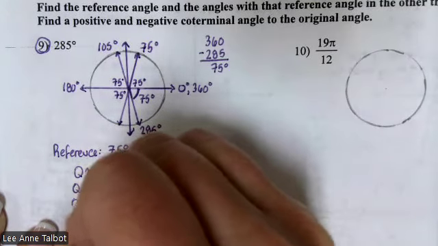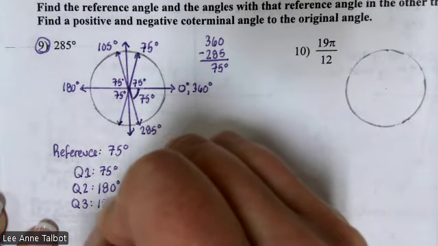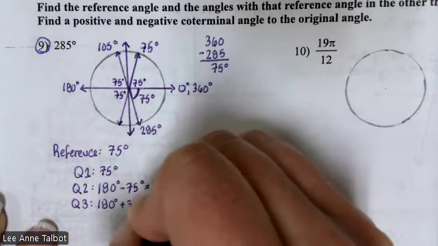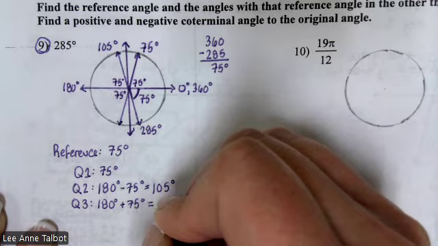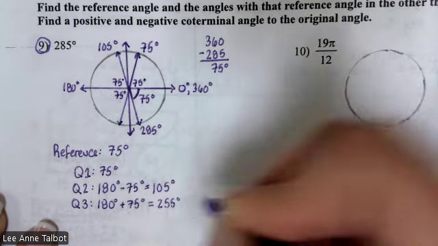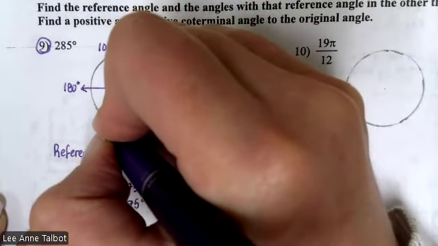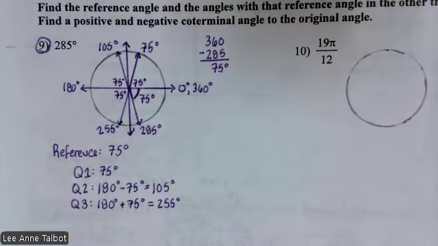In quadrant three, it's 180 plus the reference angle, which is 255. And I don't need to find quadrant four because that was my original angle. It's already in quadrant four.